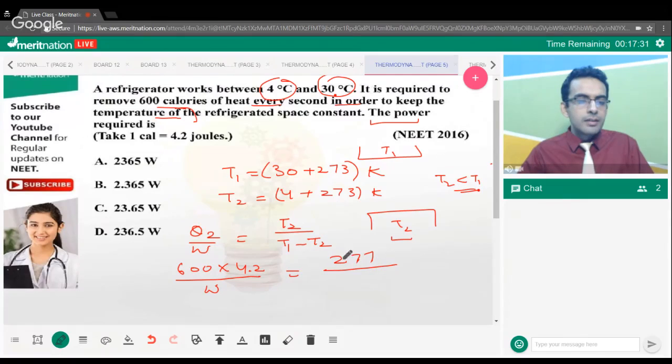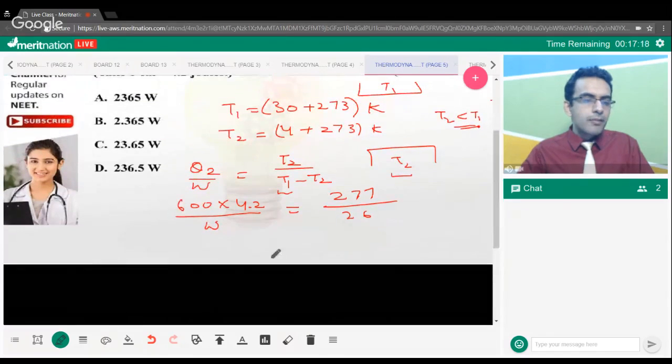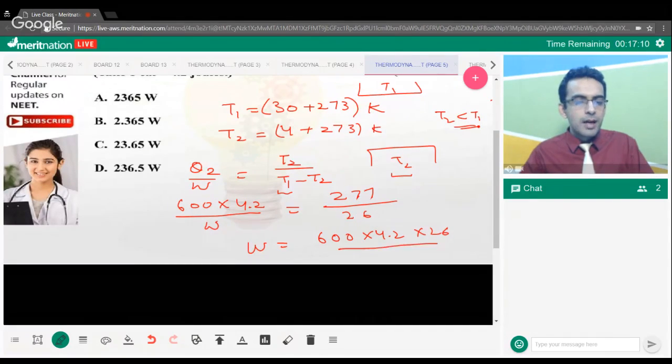And T1 minus T2 is how much? It's 30 minus 4, that's 26, right? So from here, we can say W is equal to 600 into 4.2 into 26 divided by 277.